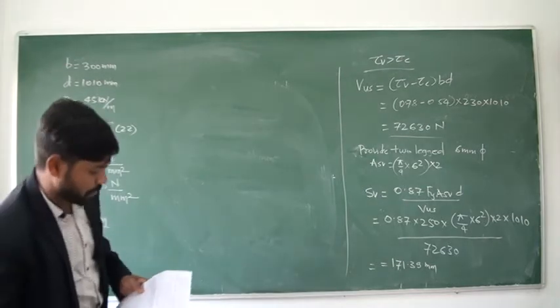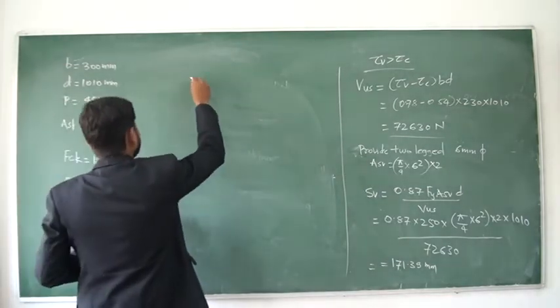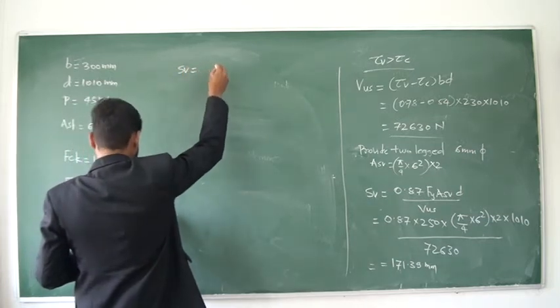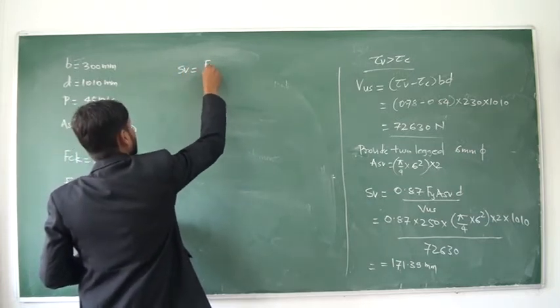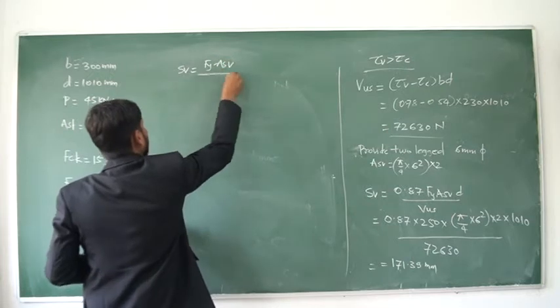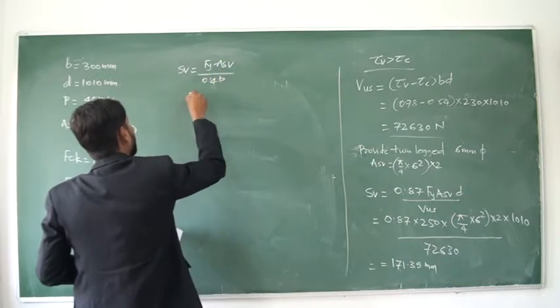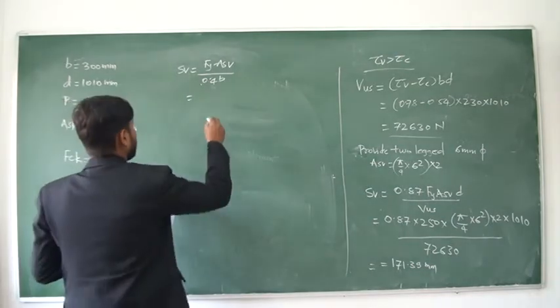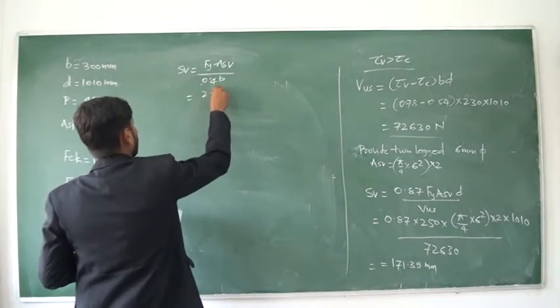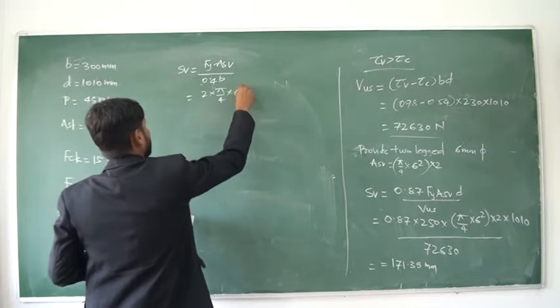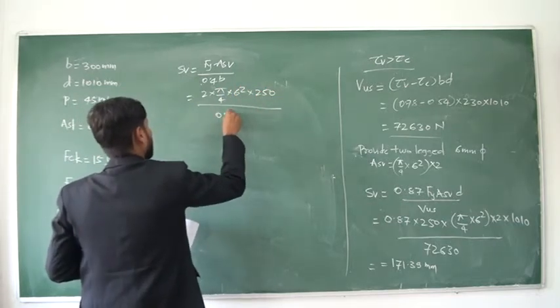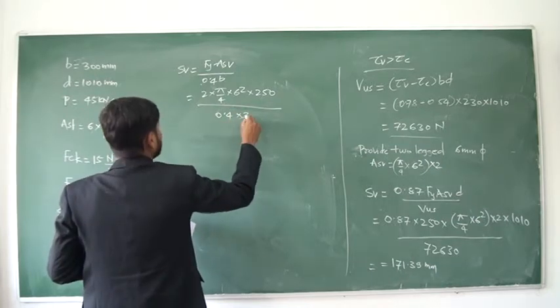The first criterion: Sv is equal to fy into Asv divided by 0.4 b. You have to calculate the spacing by this equation. If you substitute all the values, 2 into pi by 4, 6 square, 250, divided by 0.4 into b, where b is 300.